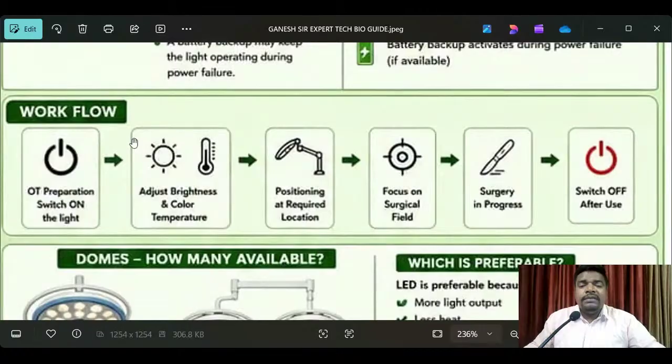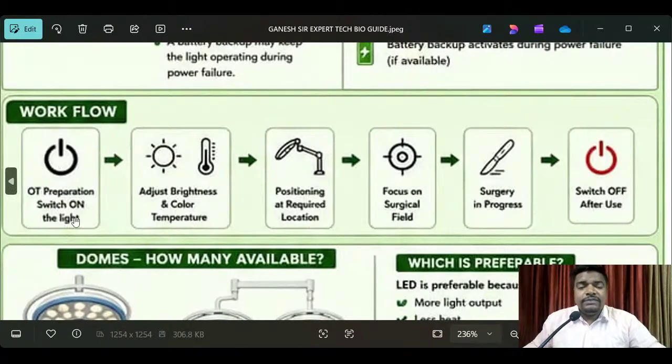Now come here. I want to show you the workflow. Let me show you. Is it clear right now? One by one, I'm going to show you without wasting time. Come on. Listen carefully. Workflow of the OT light. This is the complete workflow. First of all, OT preparation: switch on the light.